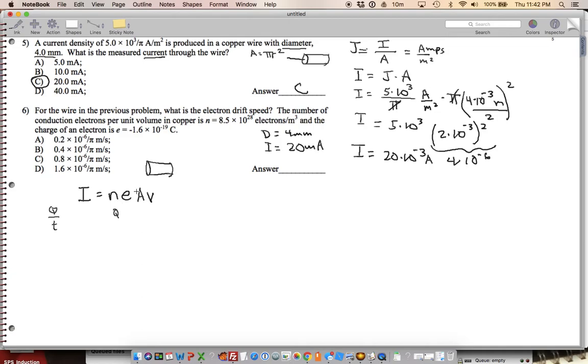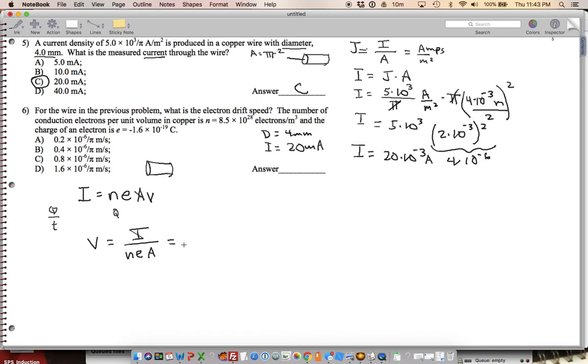So I'm going to get rid of an area. And then I'm going to have velocity, which is a distance per time. So the distance cancels with that extra meter here for this density, and then divided by time gives me my time here. So then I can solve for V is equal to I over N E A.